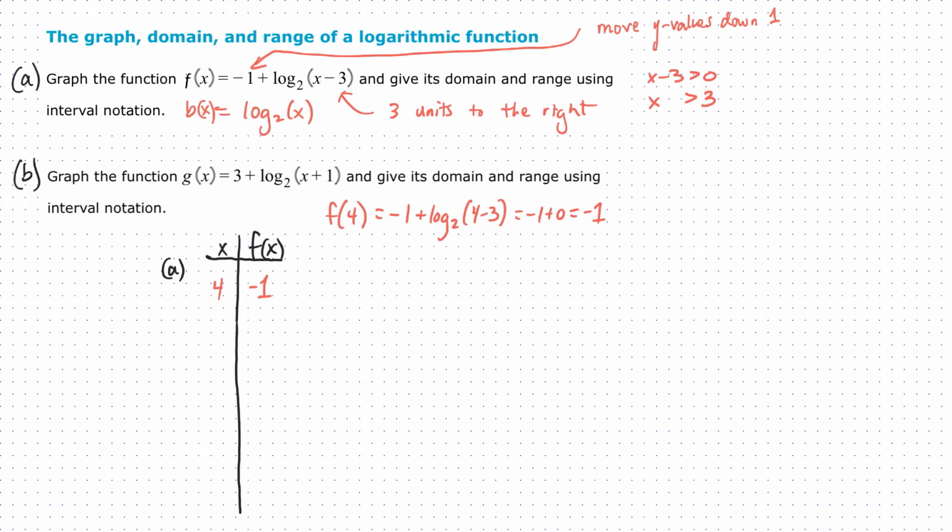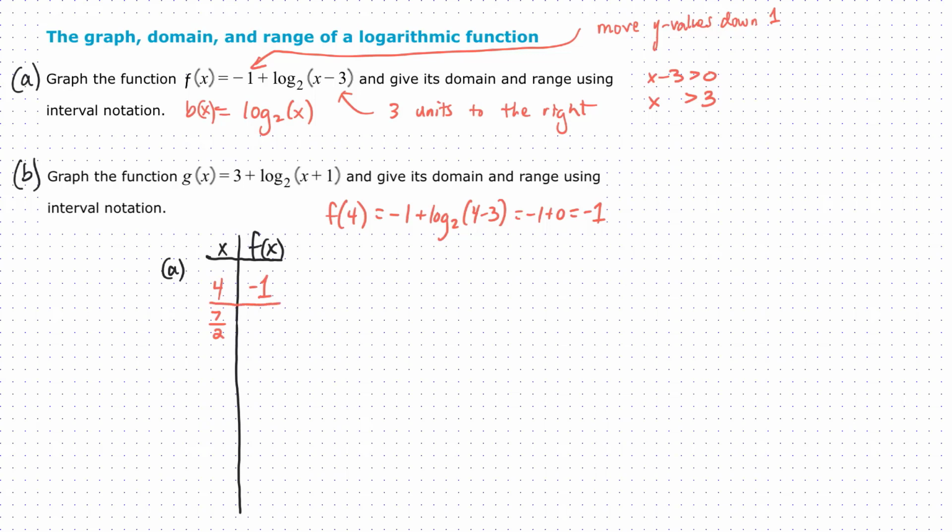Another good x value to pick here would be, let's see, it would be nice to get 1/2. So 3.5? 3.5 would be good. What's 3.5 as a mixed fraction? 7/2.